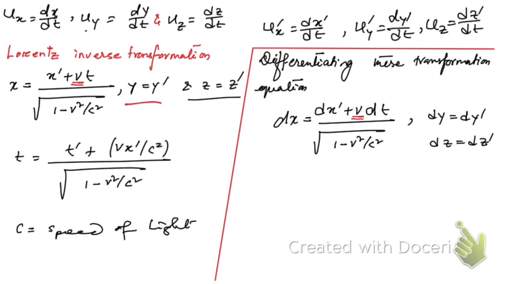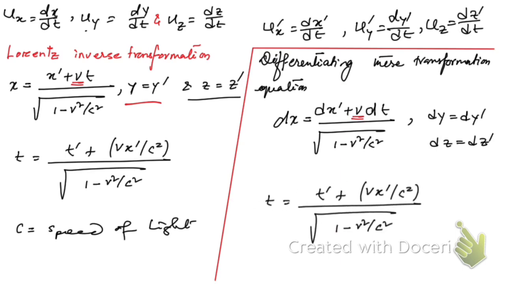Okay, now let us take this relation, then what we're gonna have, let me write on this side. If we differentiate, then here we're gonna get dt dash, and here v is fixed, so here dx dash. Okay, that's what we're gonna have. So we have differentiated all these relations, right? Now you see what we can do from here. Let me take a new slide, let me copy all these relations.